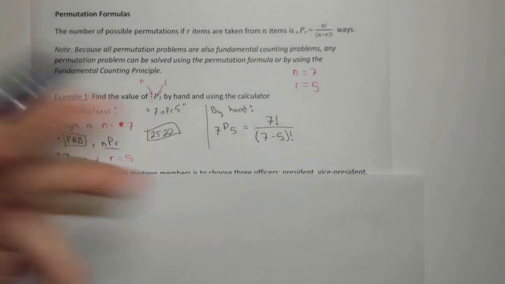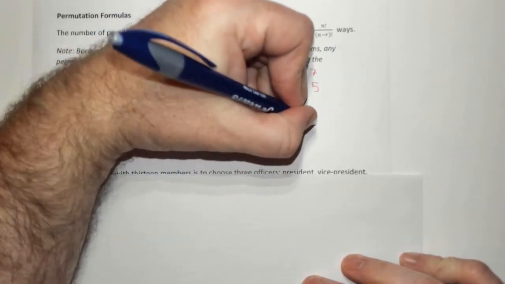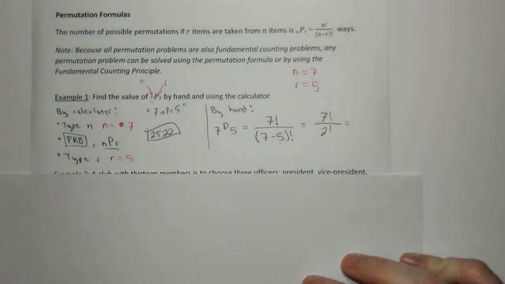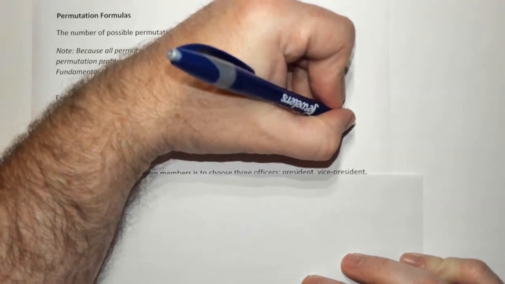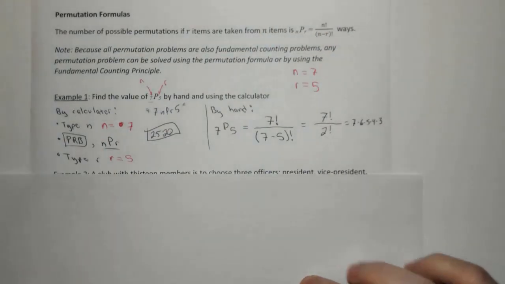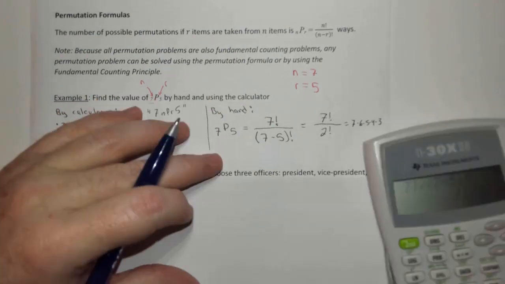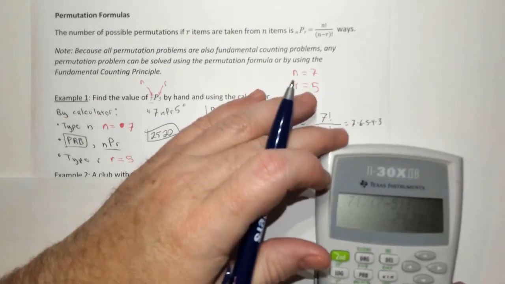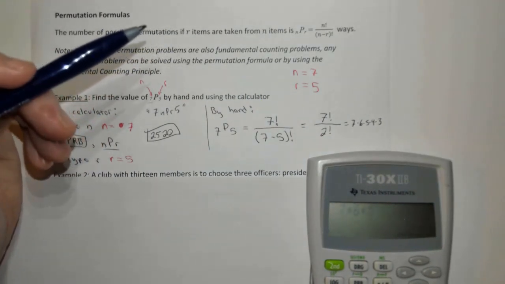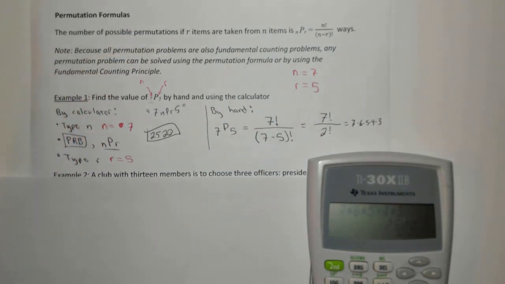Of course, if you want to do it completely by hand, I guess we could just do that. That's 2 factorial. I'm still probably going to want to use my calculator because that's going to be 7 times 6 times 5 times 4 times 3. I don't really want to have to do 5 numbers like that by hand. So I'm still going to end up using the calculator regardless, right?